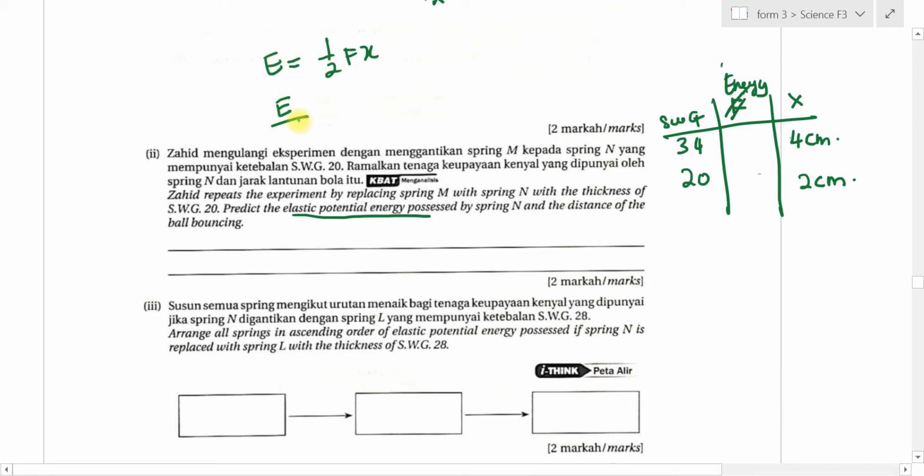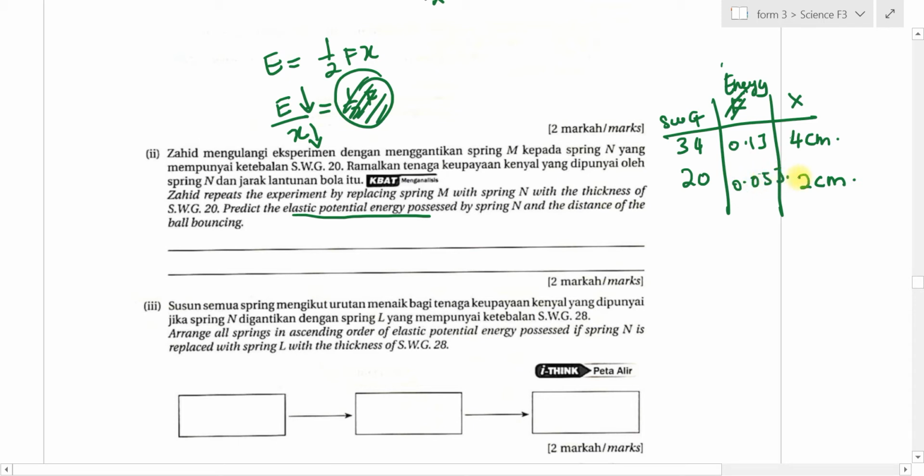So when your extension goes down, your energy also goes down. Very clear, right? Here this one is 0.1 joule, so here should be a bit less, 0.05 joule.